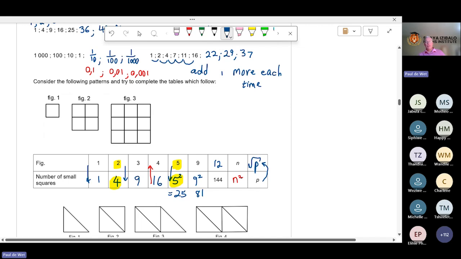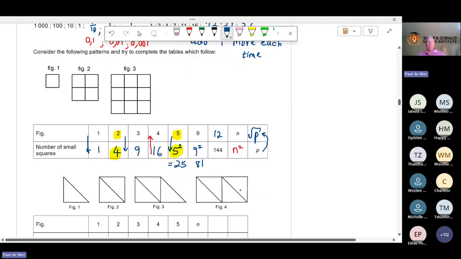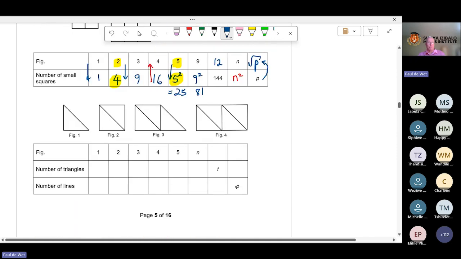So a lot of you are being freaked out by this. Many of you are comfortable with the numbers, but you're uncomfortable with the algebra. The algebra is just letting the letter take the place of a number. That's why what we're doing now is really important. We're going to do another one. I'm going to ask you to try and complete this table. We'll just do the first one together so we know what we're doing.